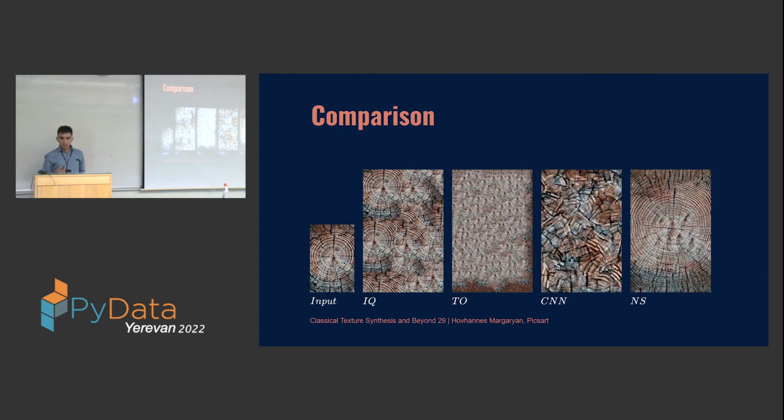And in the case of non-stationary textures, we can notice that the only algorithm that has been able to capture the non-stationarity and large-scale structure of the wood is non-stationary texture synthesis, while the rest of the algorithms have failed. Particularly in the case of texture synthesis using CNNs, only the style has been captured, while the large-scale inhomogeneous structure of the wood hasn't been captured by the algorithm.